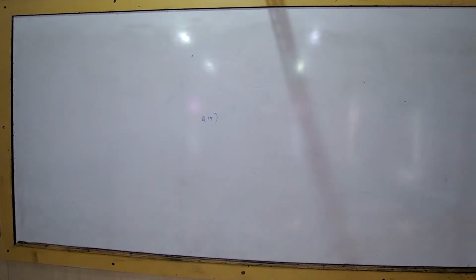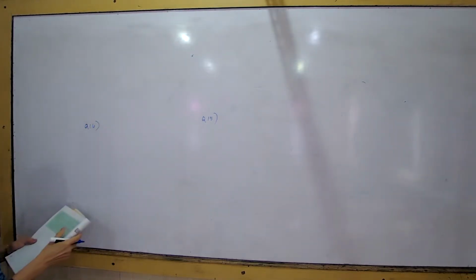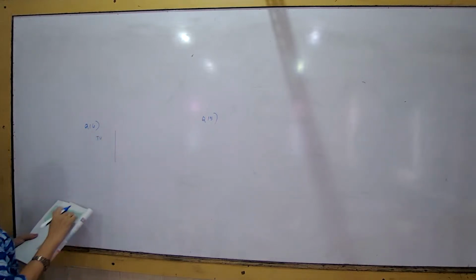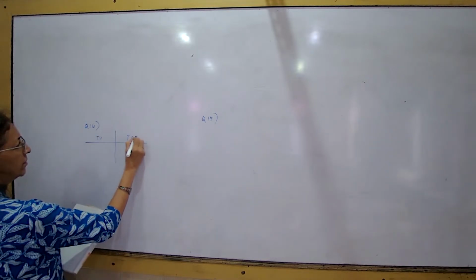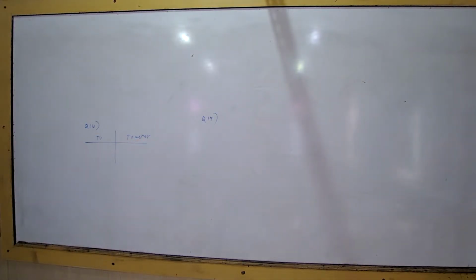Okay, now let's see how it has to be done. Boys, we are now doing question 16. Okay? We have two cases. One is a TV set and the other one is a toaster. Okay?